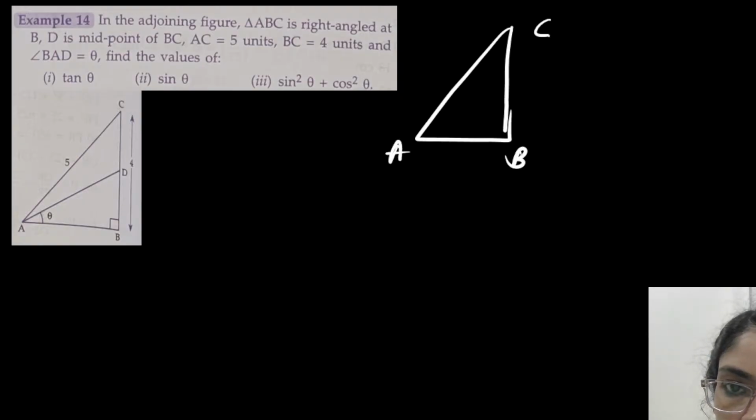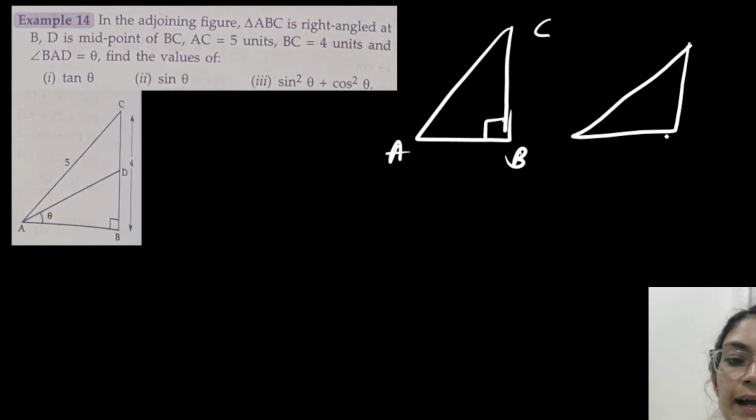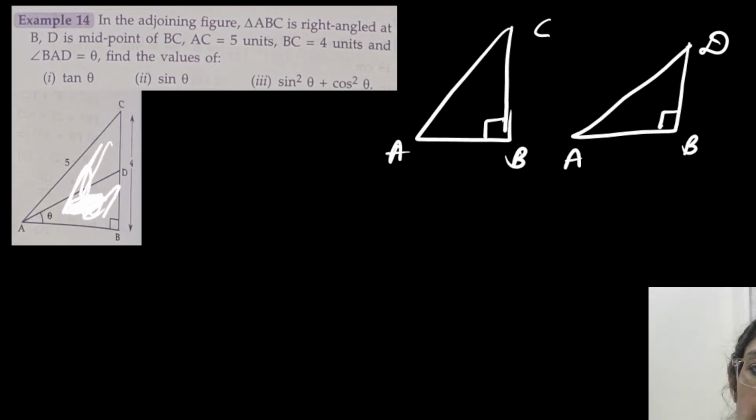The other right angle triangle is ABD. Always focus on right angle triangles. So these two right angle triangles are there in the given figure, one this complete triangle and one this.